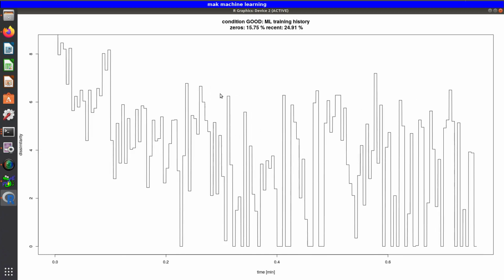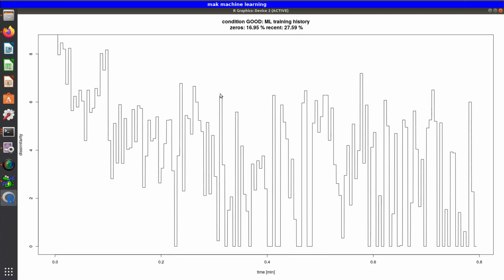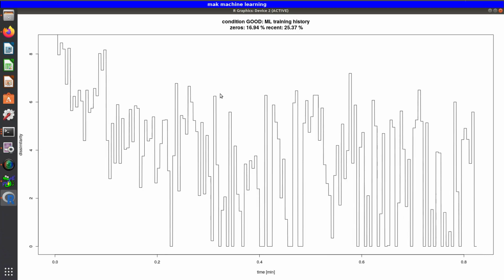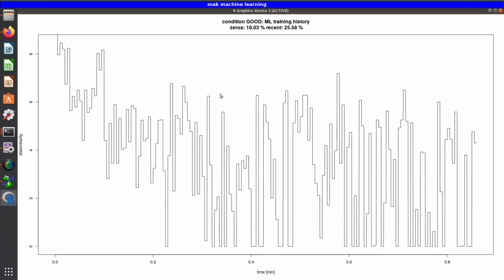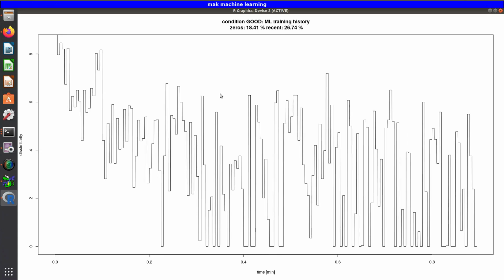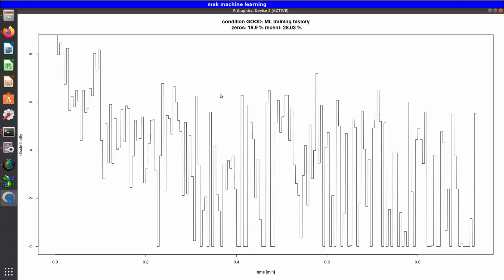Our third condition for automatic recognition is when neither bearing is running, which is condition off. We are not showing this training run, which also took 30 minutes.